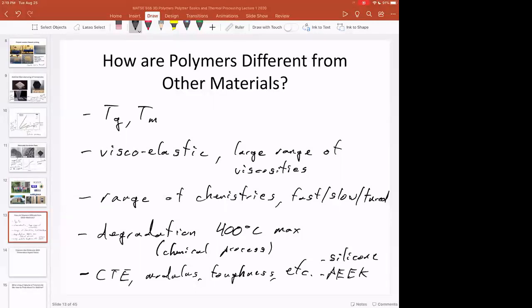And so you have like 5 orders of magnitude range in some properties with polymers.